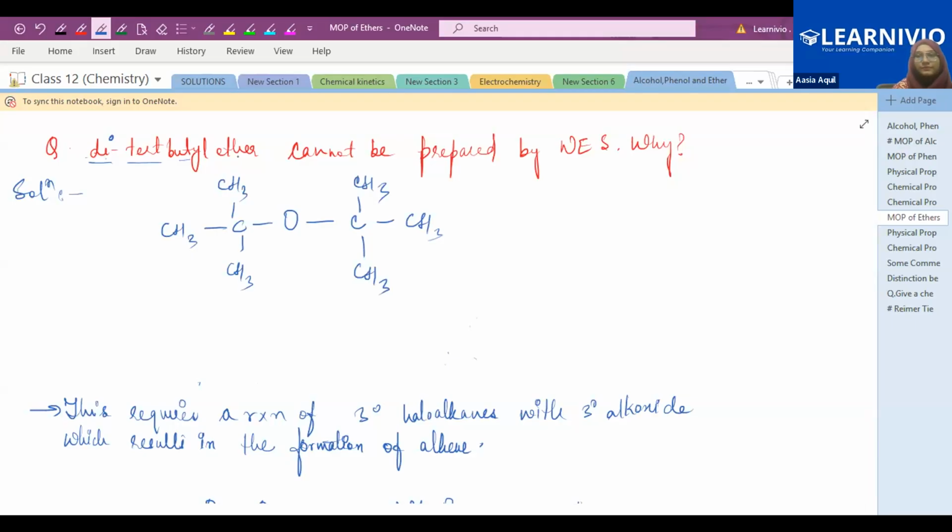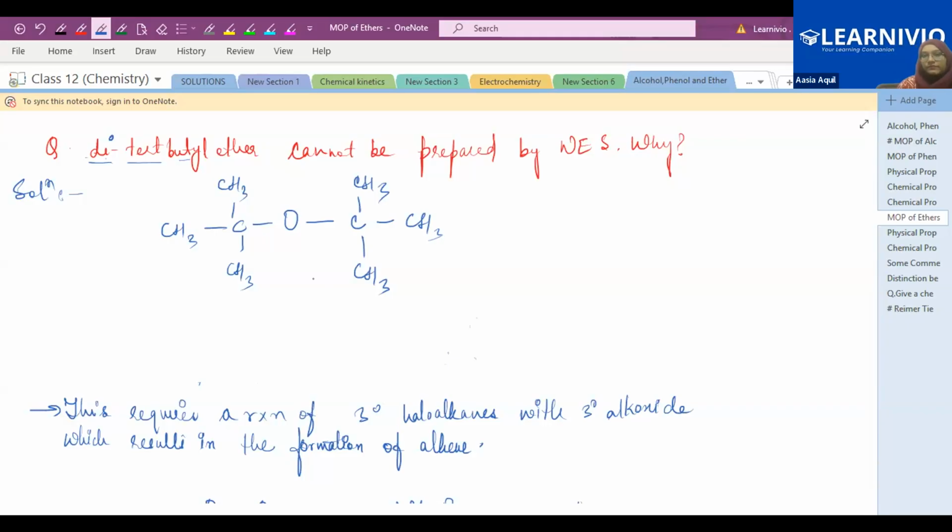Do you know the answer? Yes, just try it. Because both the alkyl groups are similar.